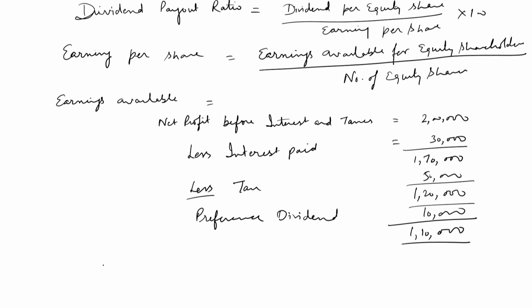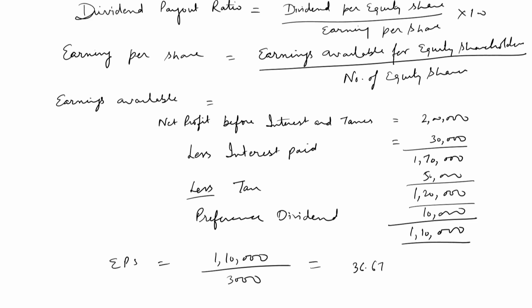So now we calculate earning per share using this 1,10,000 available for equity shareholders divided by the number of equity shares, which is equal to 3,000, and this earning per share comes to 36.67. Next, we are supposed to calculate dividend payout ratio.